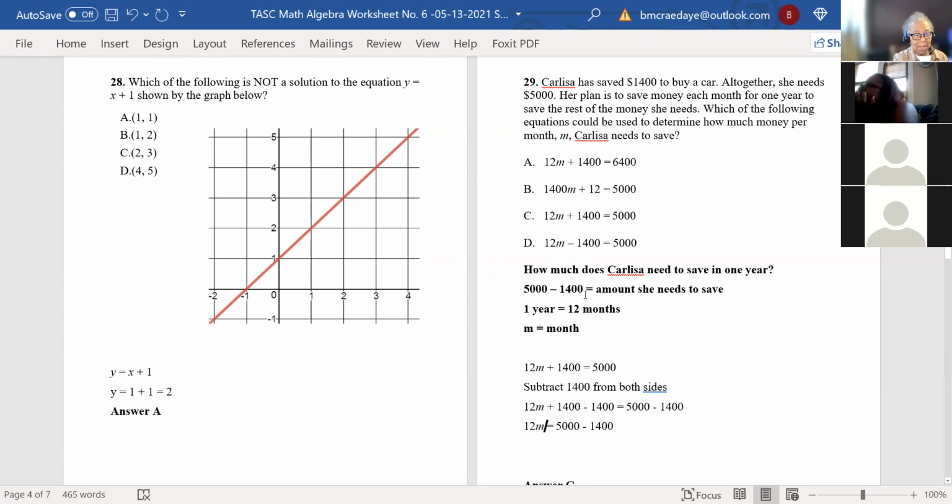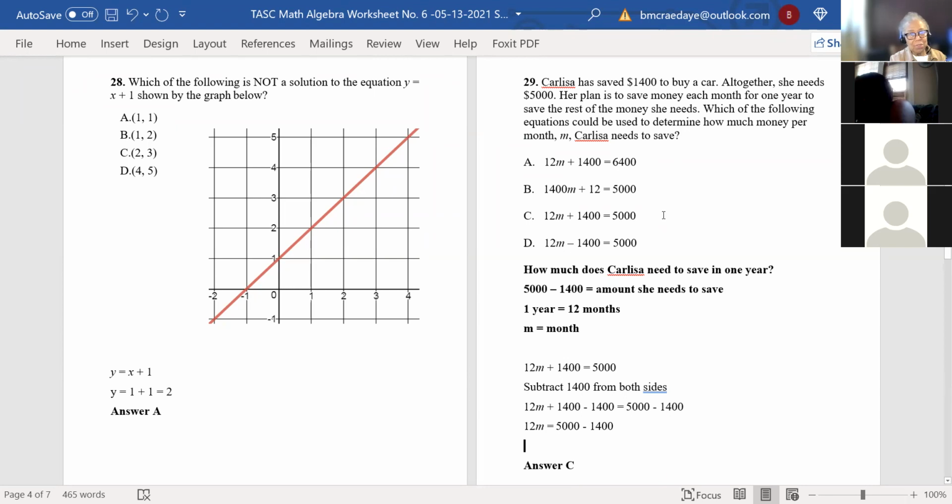So answer would be C. Vanessa, you said this one, but remember, to get 12m, you'll have to add 1400. And that's saying she needs $6,400. No, she's already saved 1,400, so she needs the difference between the 5,000 and the 1,400.